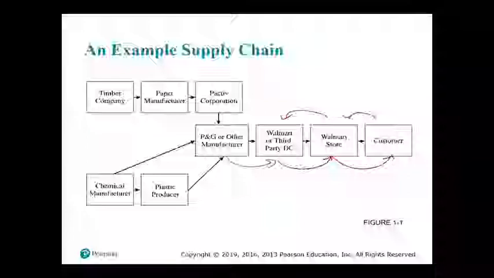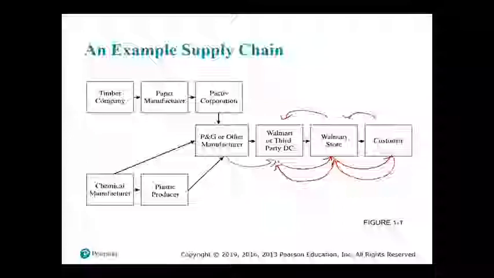And sometimes customers may not like the product and decide to return it to the Walmart store, and sometimes Walmart can return or recycle part of the product to P&G or the third-party warehouse, creating another reverse product flow.